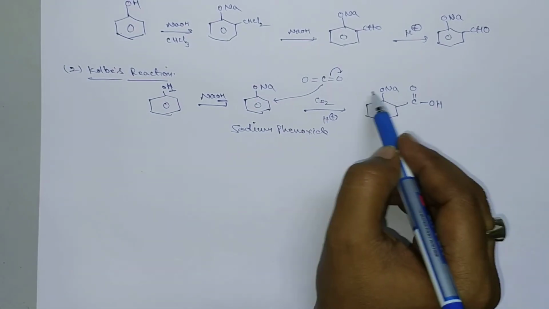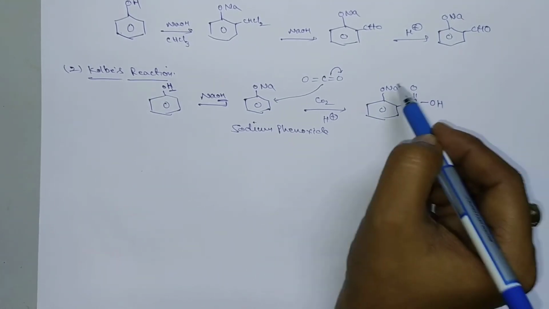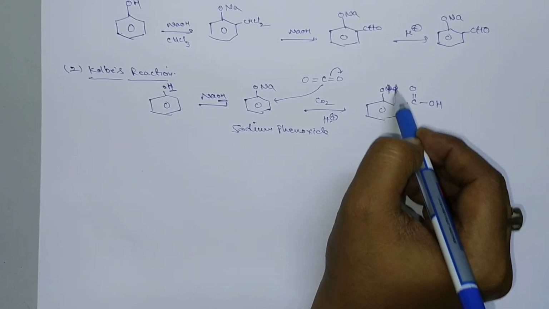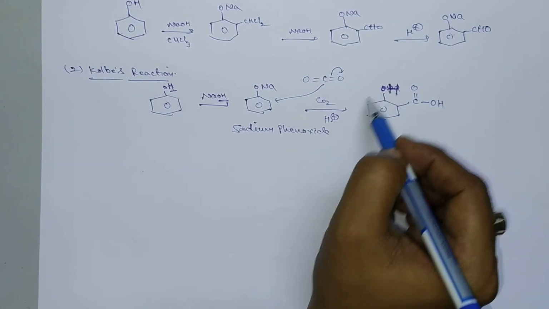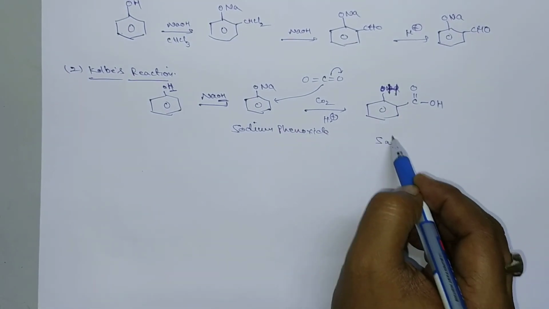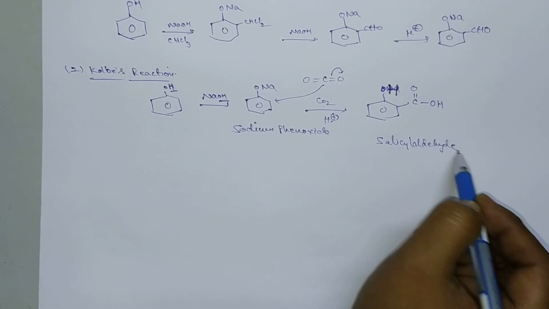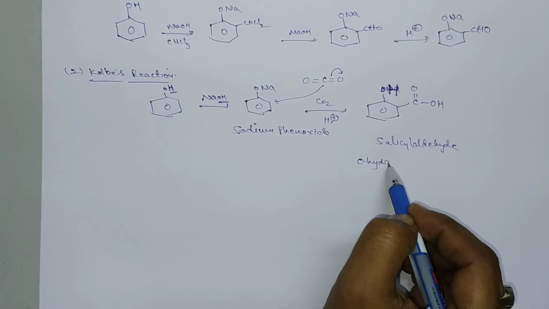Again this H plus transfers to here also. So by the reaction of H plus ion, this Na can also be converted to OH. You can write directly this step also. So this is called salicylic acid, or simply called orthohydroxy benzoic acid.